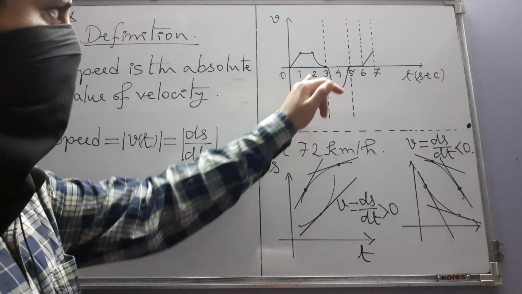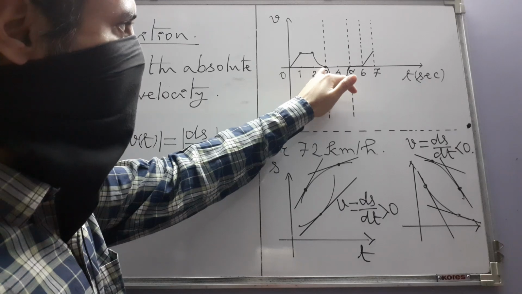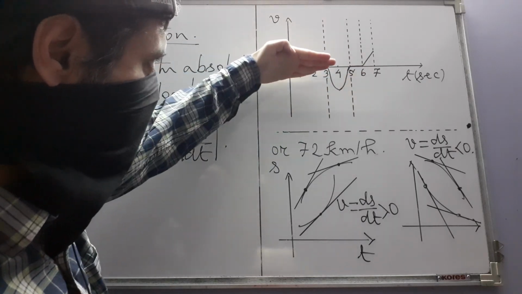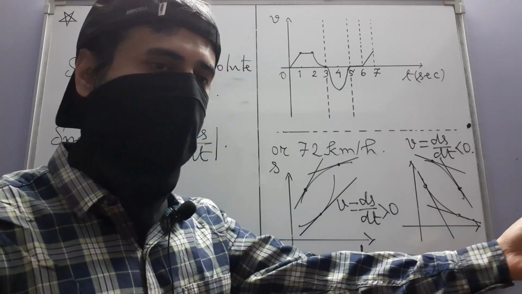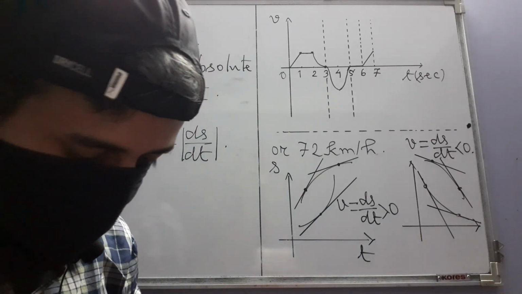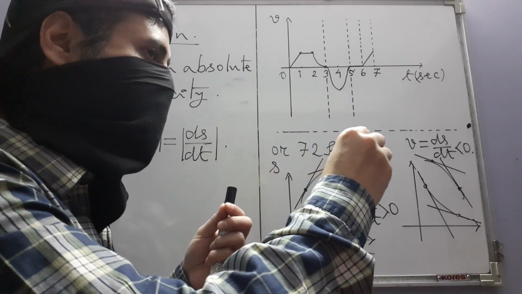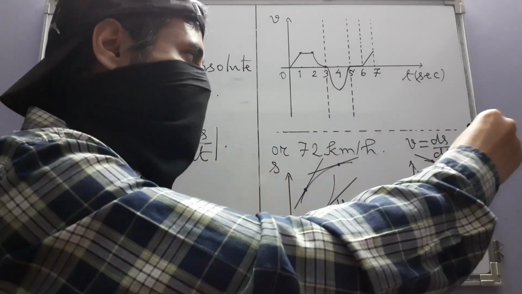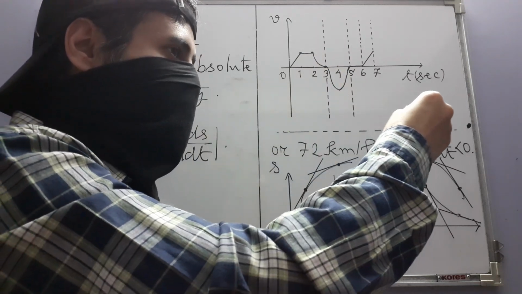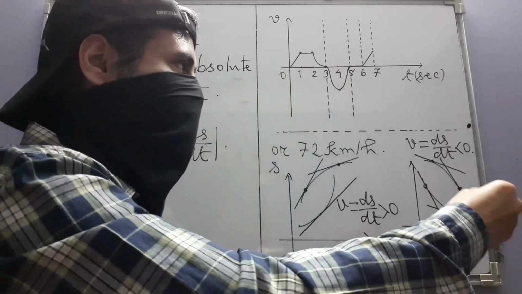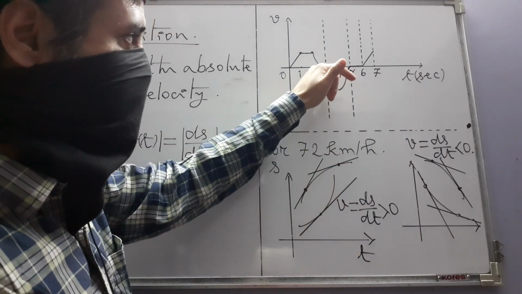But at the instant t equal to 3 seconds, its velocity became 0. So there the object momentarily stopped. It's something like this. It initially started moving, it picked up speed, then it moved with that speed for this time duration, but then it again slowed down and stopped at t equal to 3 seconds. And then velocity became negative.